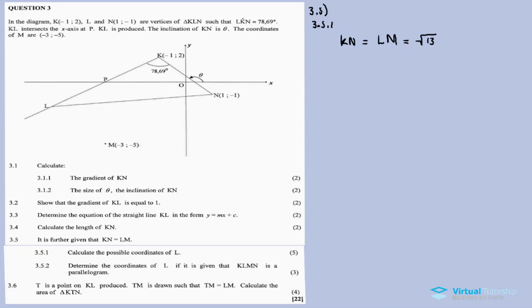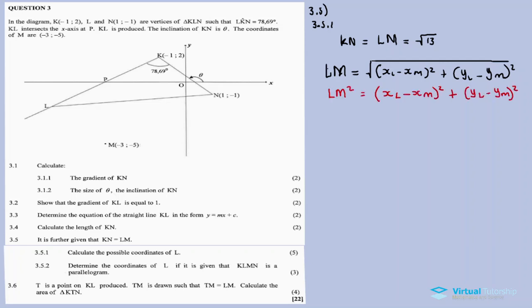3.5.1. KN is equal to LM, it means LM is equal to the square root of 13. So let us first derive an equation for LM, an equation that connects L and M. LM is equal to, it's a distance formula. I want to remove the square root. Why? Because it's not a good idea to have equations with square roots, especially when solving equations simultaneously.